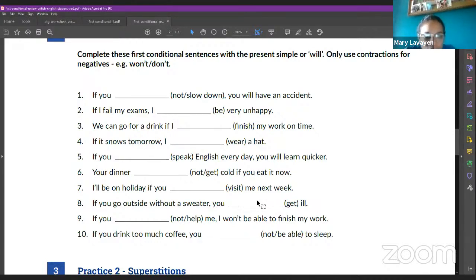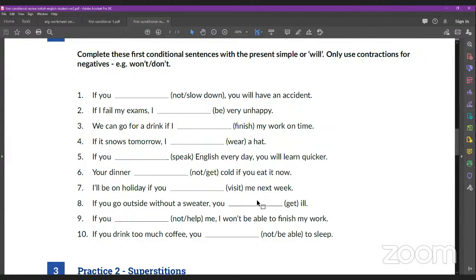If I can finish my work on time. Number 4. If it's sunny tomorrow, I will wear a hat.